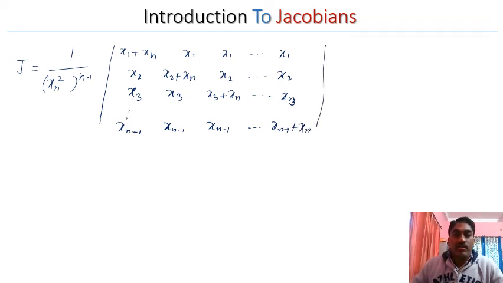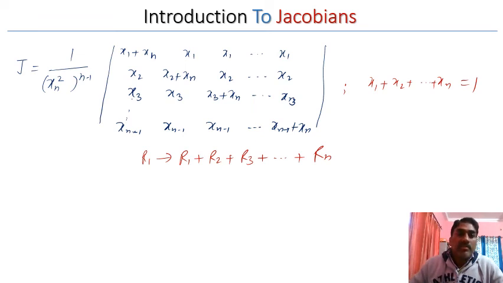So now what can you do? We know that we have a relation x1 plus x2 plus up to xn is equal to 1. So take a sum of all the rows, means R1 can be written as R1 plus R2 plus R3 plus up to Rn. What will this yield? You can see x1 plus x2 plus x3 plus up to xn minus 1 plus xn. That all will come in the first row at each element position.